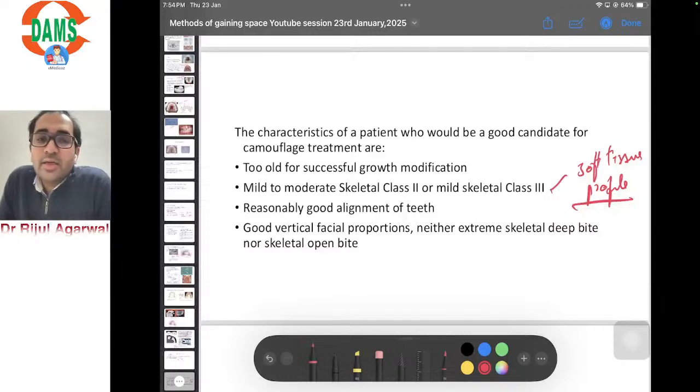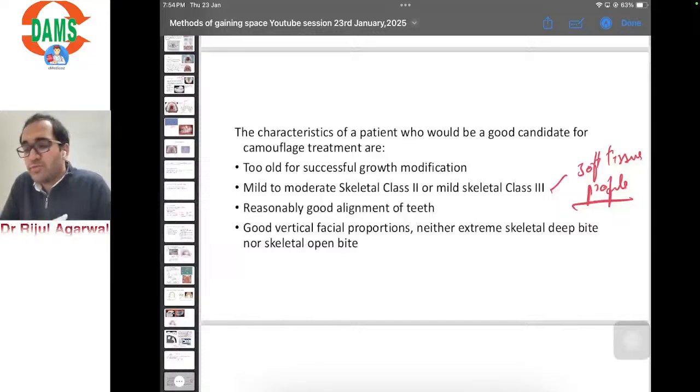Next, there should be reasonably good alignment, meaning there shouldn't be too much crowding. Lastly, there should be good vertical facial proportion, neither extreme skeletal deep bite nor extreme skeletal open bite. Basically, the cephalometric parameters should be in the mild to moderate range, not too severe.